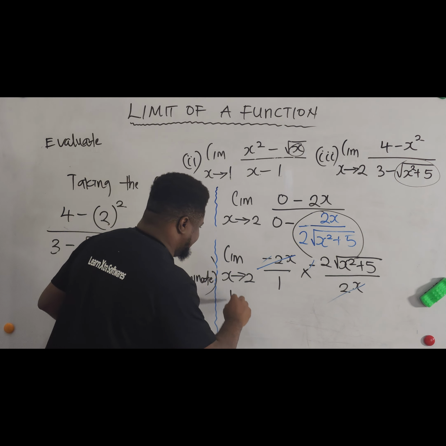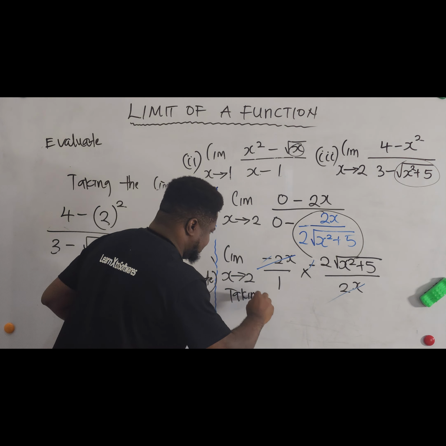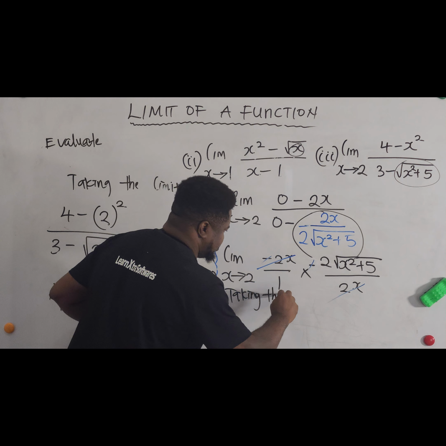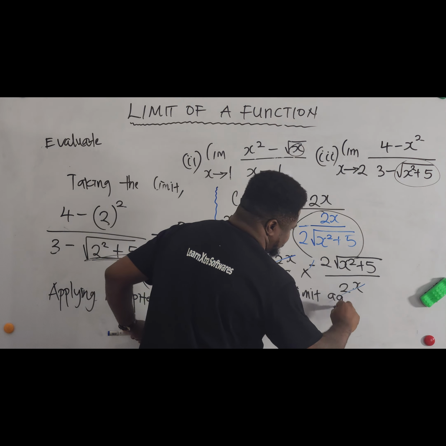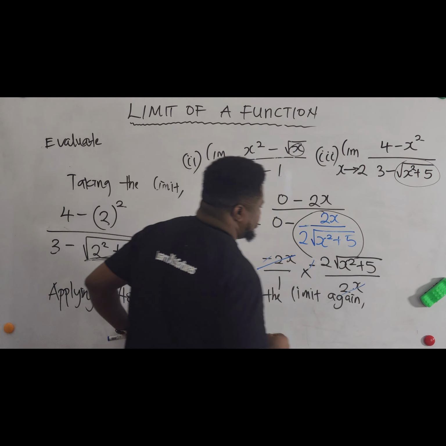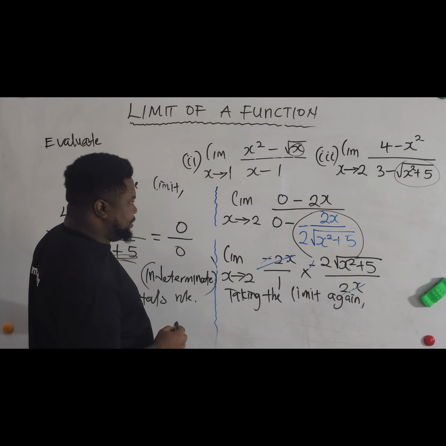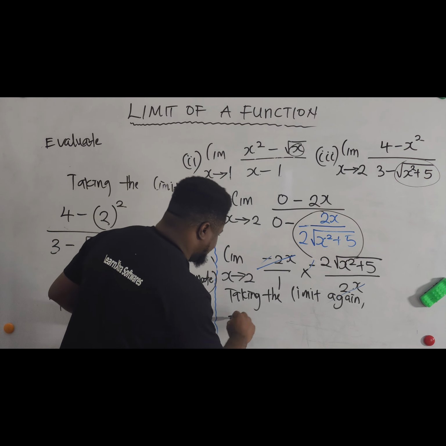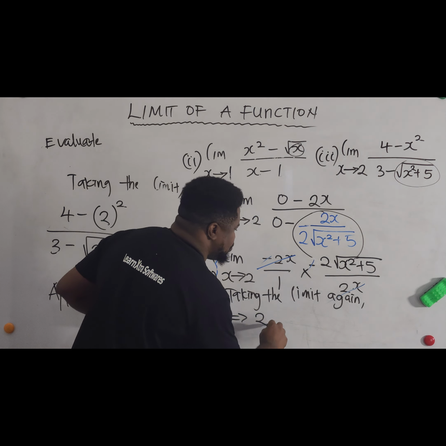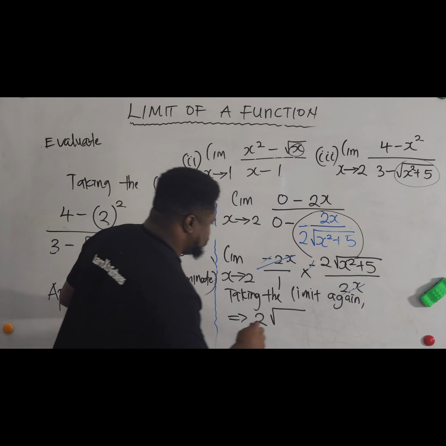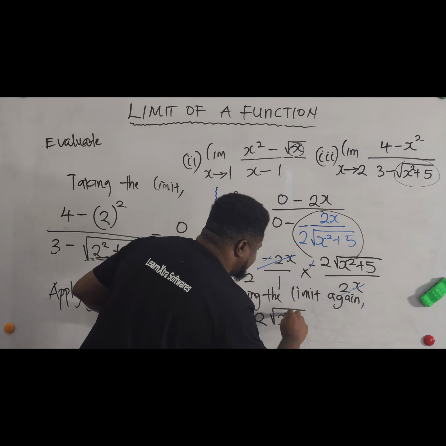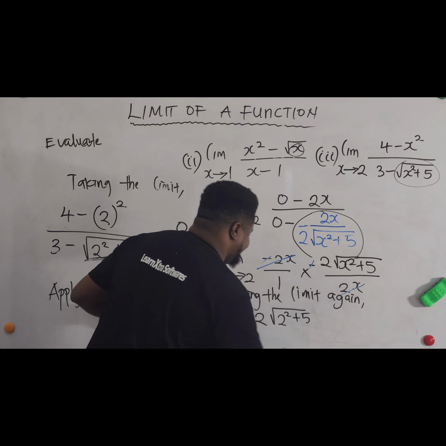So taking the limit again. That will be 2 root, what's our x? Our x is 2. 2 squared plus 5.